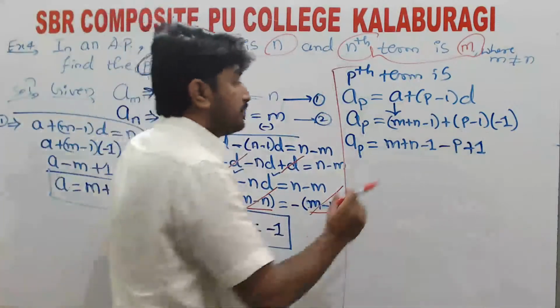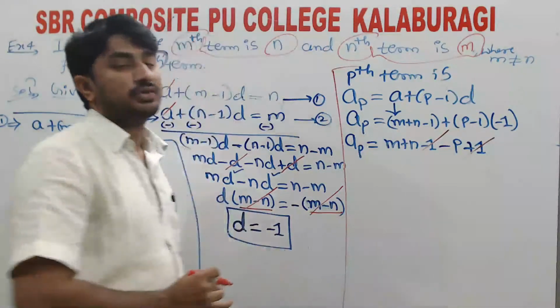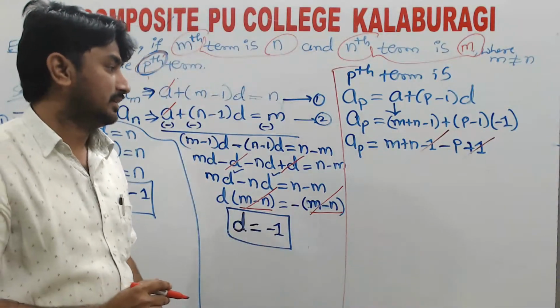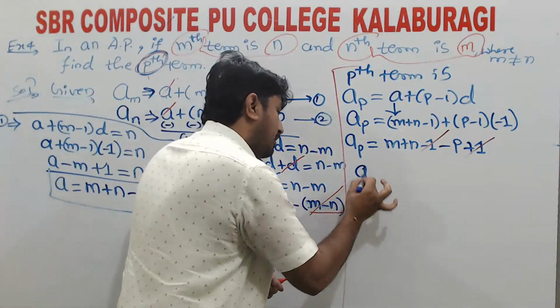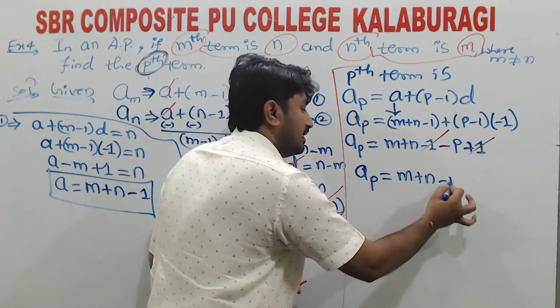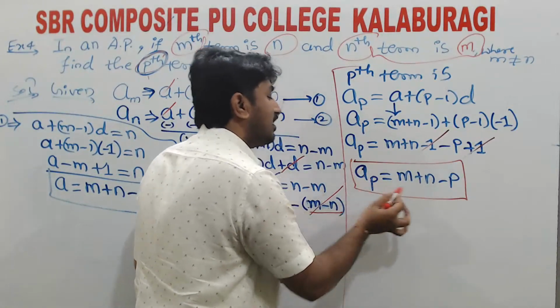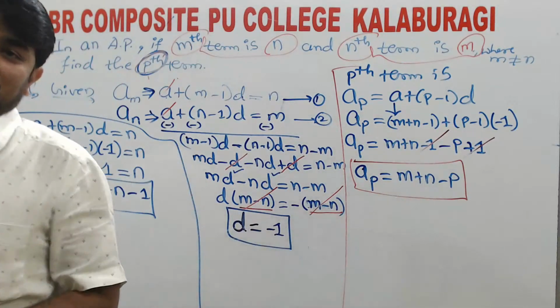Here the plus 1 and minus 1 cancel each other. What remains? The pth term is equal to m plus n minus p left. It is the required result of the pth term value.